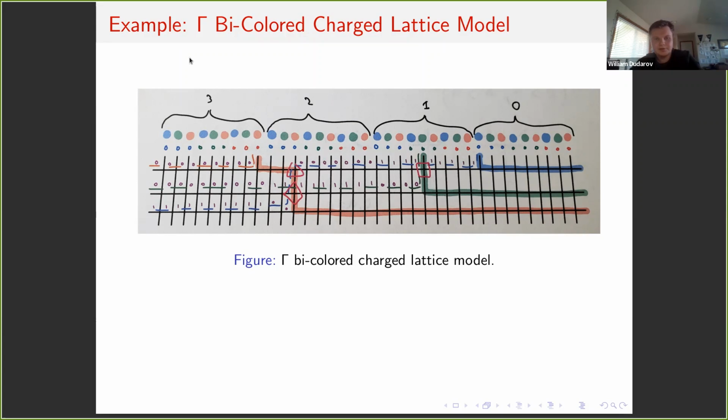Since the statistic is on the dashed colors, this is in fact a gamma lattice model.